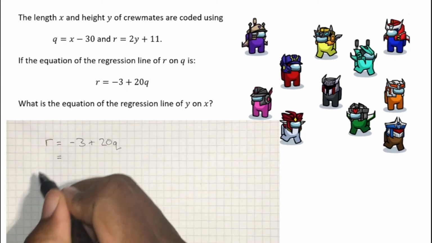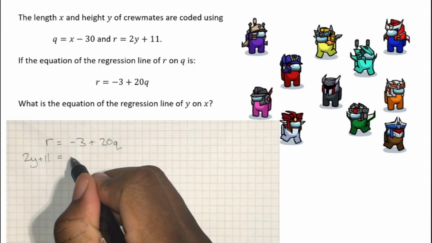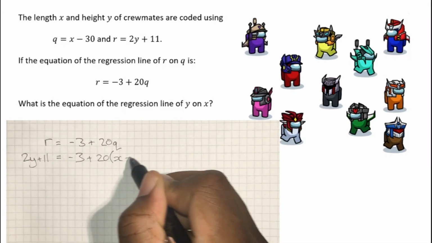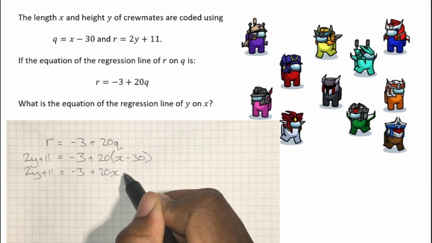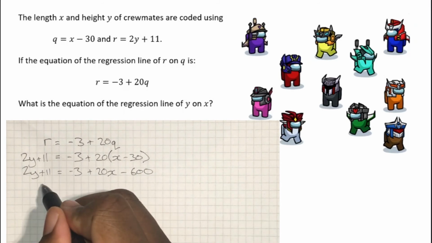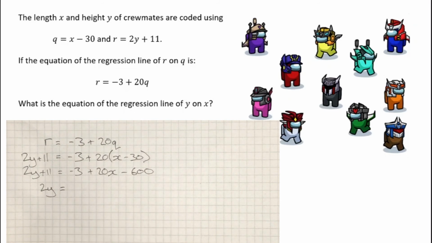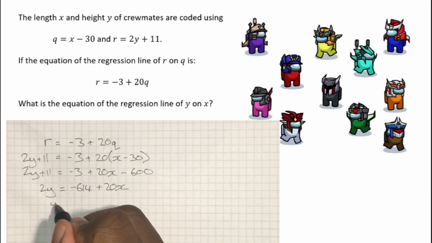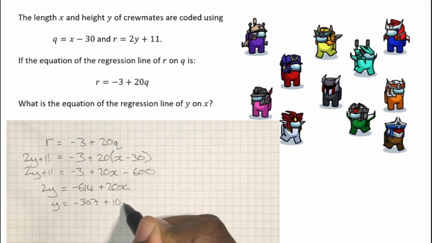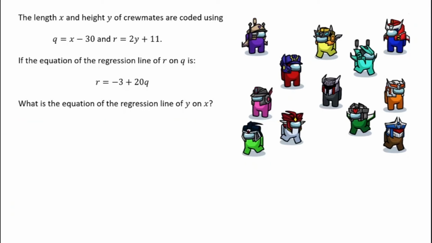We're going to substitute 2y plus 11 for r, and x minus 30 for q. From there, we just expand, and through some sensible rearranging we can make y the subject, and we get y equals negative 307 plus 10x.